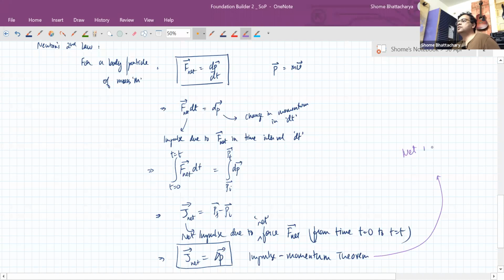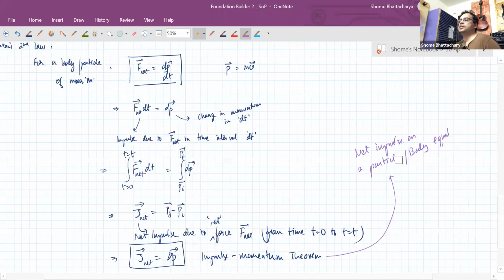So the statement of this theorem is that the net impulse on a particle or body equals, but of course, when we are saying net impulse, it is during a certain time interval.